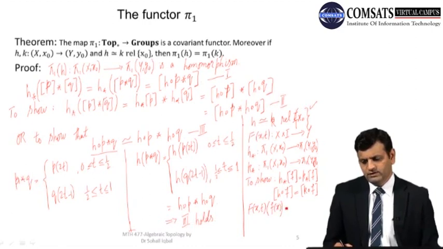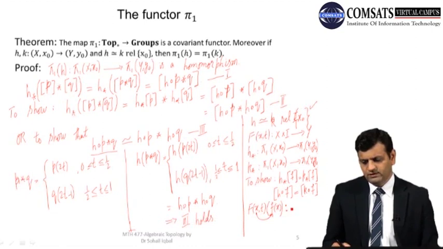Okay, so it's a function. We can see that h and k are functions from X to Y, and f is a loop, so it's a function from I to X. Now we are starting from x, so in F(x, t) we replace this x with f of x, so it is composed in place of x.